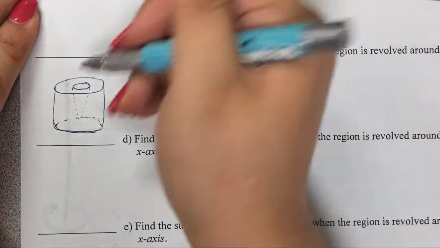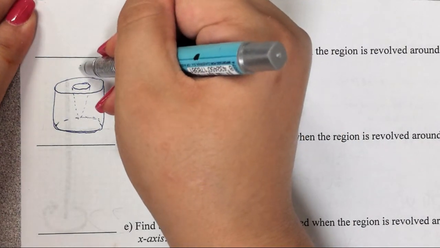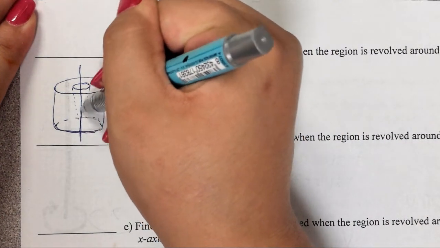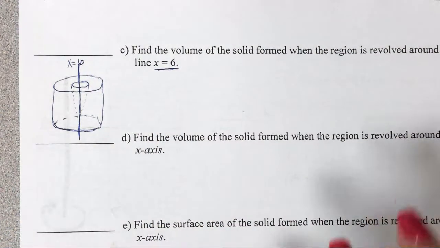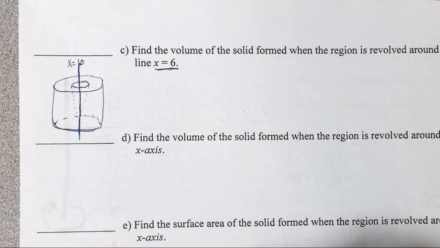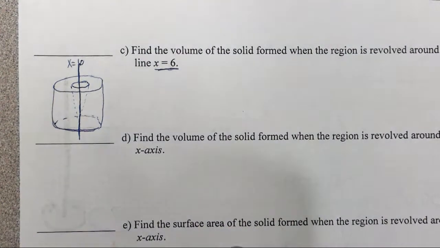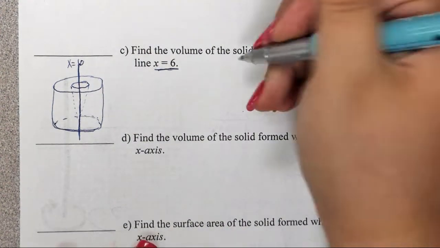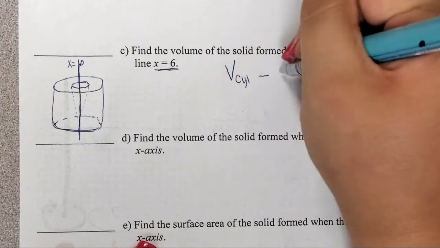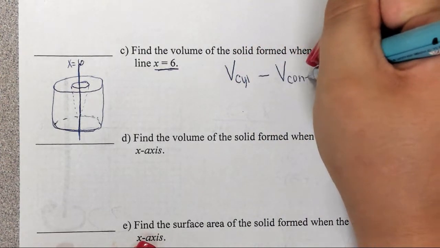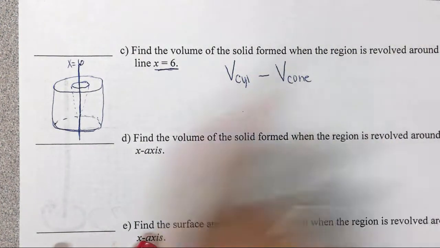Now, keep in mind, my x equals 6 is going through it. X equals 6 is going through the middle. So what would I do to find this volume? Volume of a cylinder minus the volume of the cone. Okay? I'm going to have you figure that out on your own.